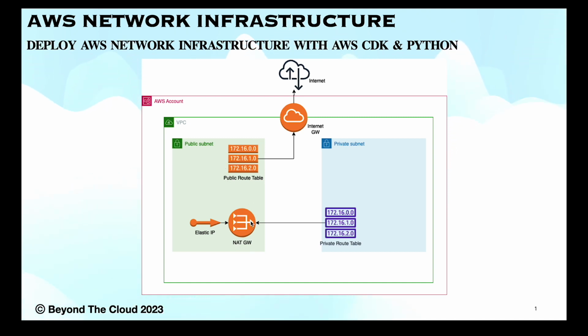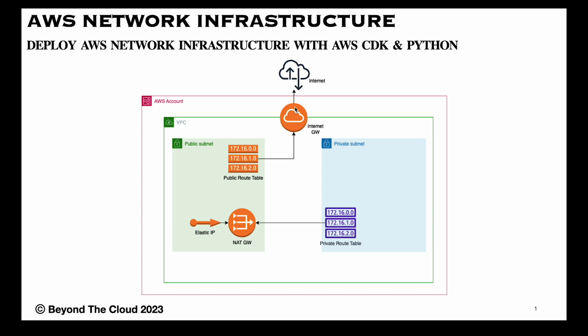The NAT gateway will be placed on the public subnet and will be assigned an elastic IP address. The route from the private subnet will be routed through the NAT gateway of the public subnet, and the route from the public subnet will be routed to the internet gateway, which will be available to communicate with other internet services.